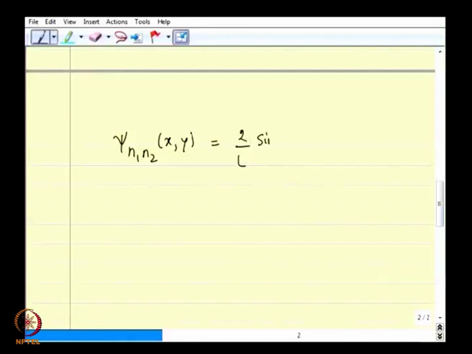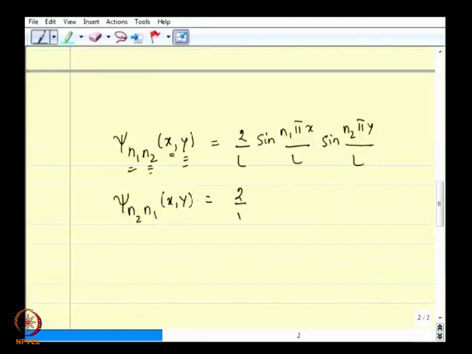It is 2 by L sine n1 pi x by L, where the coordinate x and the quantum number n1 appear associated, and sine n2 pi y by L, where the coordinate y and n2 appear associated together. And of course this is different from the state psi n2 n1 of x comma y, which is given by the function 2 by L sine n2 pi x by L sine n1 pi y by L.